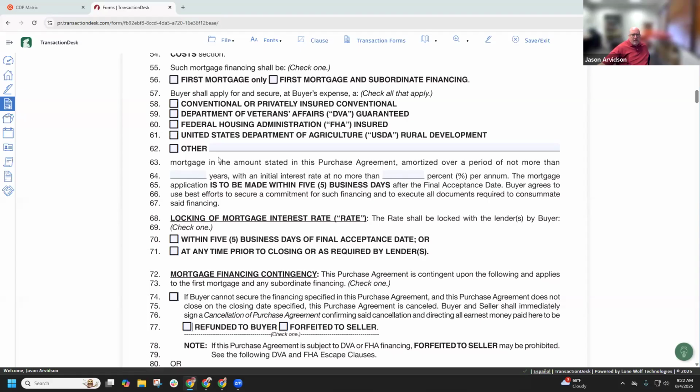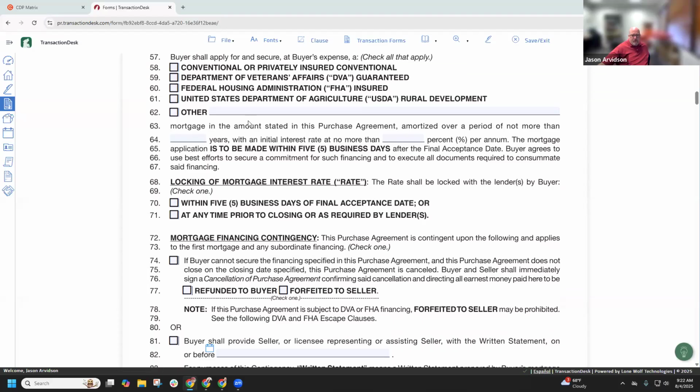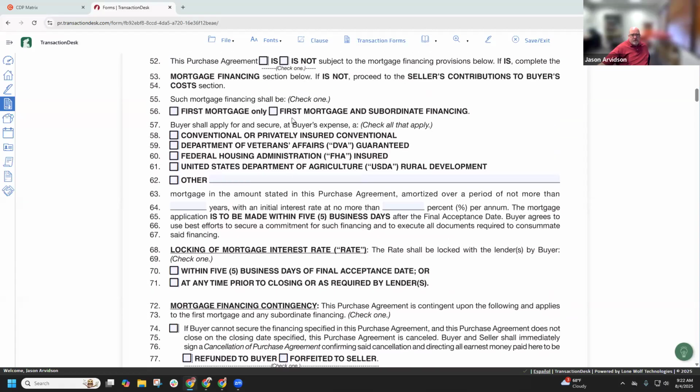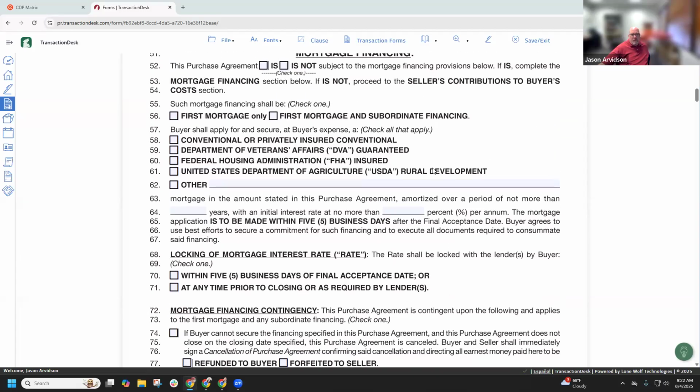These two numbers here, you are choosing, because you're writing this before the loan is finalized in some cases, you're putting in a number here, and you should think of this number as the cap that your buyers will pay.